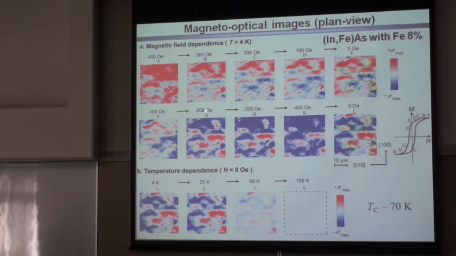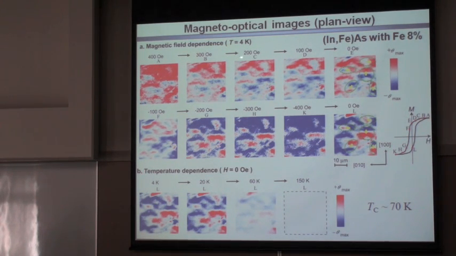And this is the magnetic field dependence at 4 Kelvin. This zero field image is the same as the previous slide. But we scan the magnetic field from high field, 400 Oersted. And at high field, we see almost a single domain, or red area.